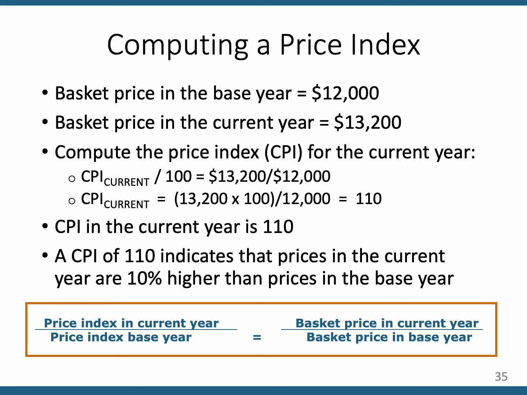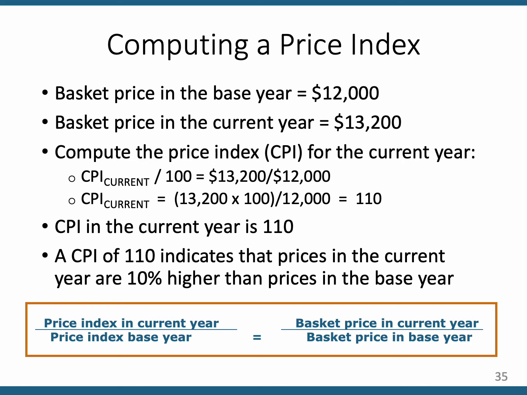So if in the next year the same products cost a total of $13,200, then this is how you compute the price index. You can see the equation that I have in the box at the bottom of this slide. So it's the ratio of the price indexes equaling the ratio of the prices of the market baskets.